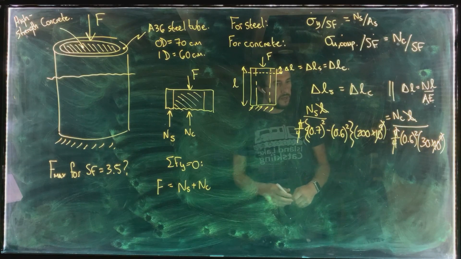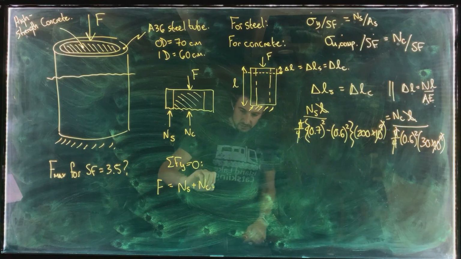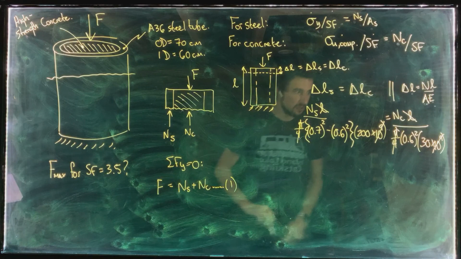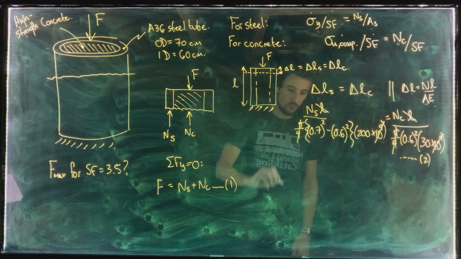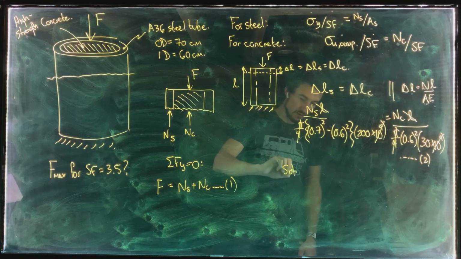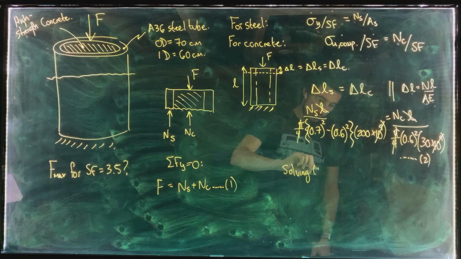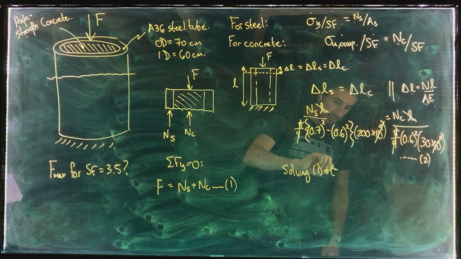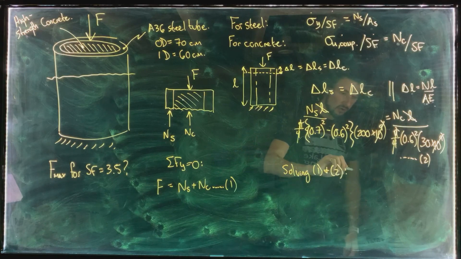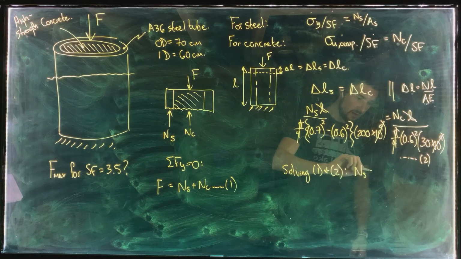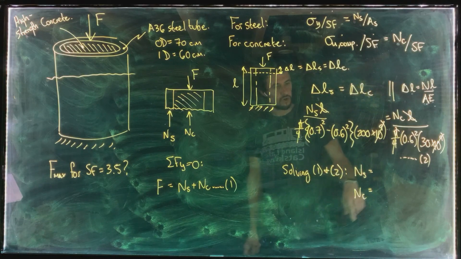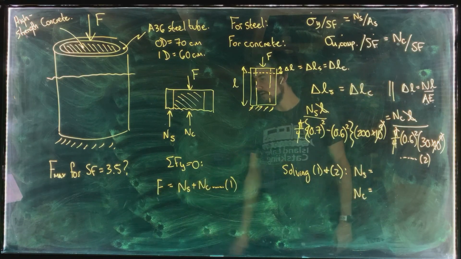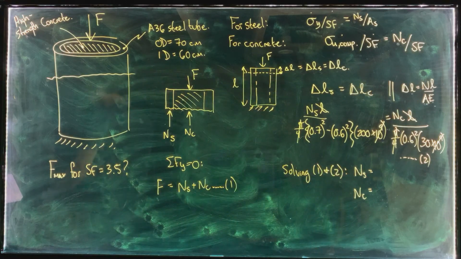And what we have now is we've got one equation down here, and we've got one equation up here, and we can write that solving 1 and 2 together, we get expressions for NS and NC that are in terms of variable F here, our applied load.